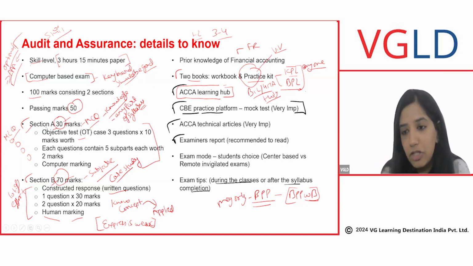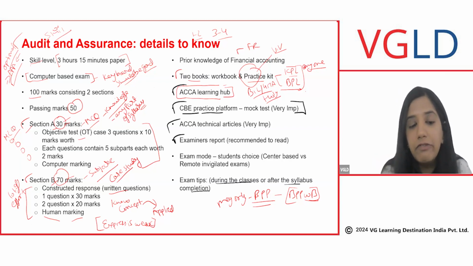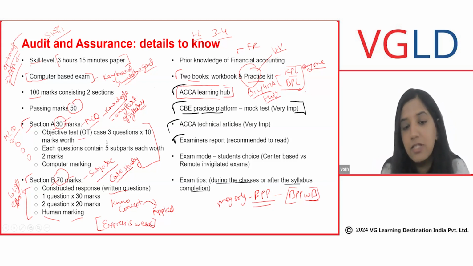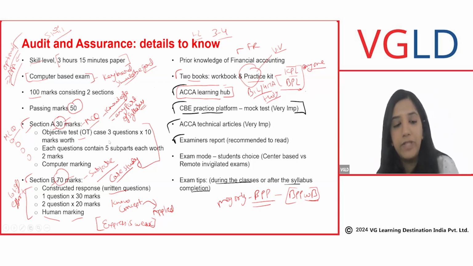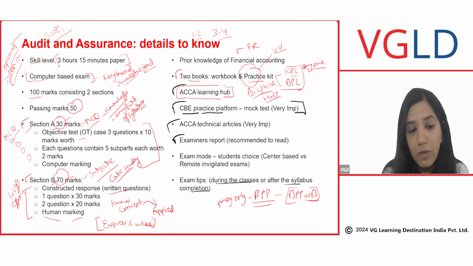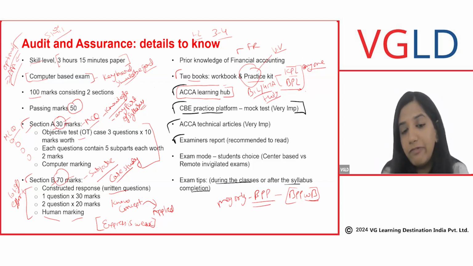So the division of 50 marks would look like this: A is your objective test. It's going to be 3 questions of 10 marks each. Each question will have 5 subparts, each worth 2 marks, and it's going to be a computer marking system.